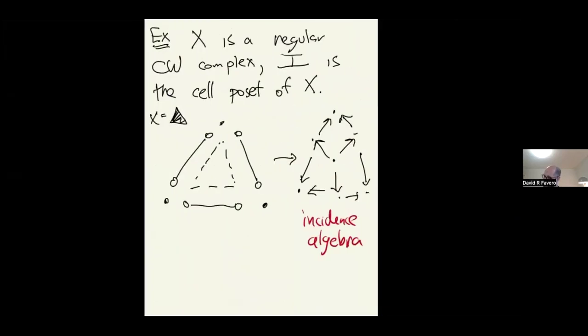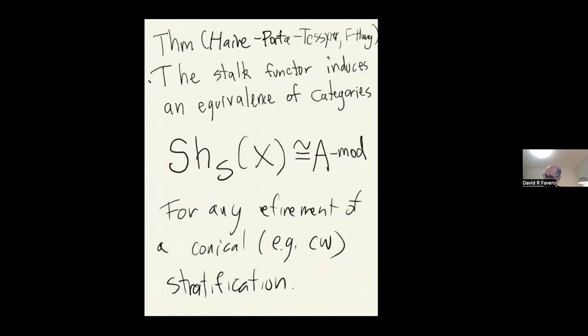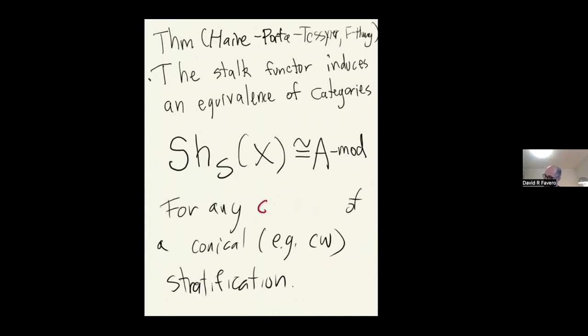Did I put refinement in? Oops. Let's replace the word refinement by coarsening. So in the general literature, something like this was known for what were called conical stratifications, which, for example, were CW stratifications, but we needed these coarsenings were the types of stratifications we had, right?